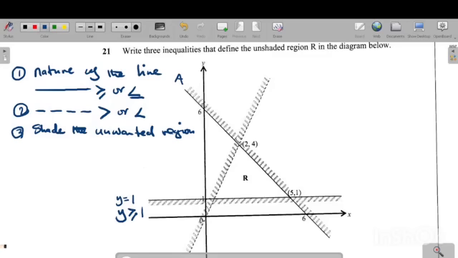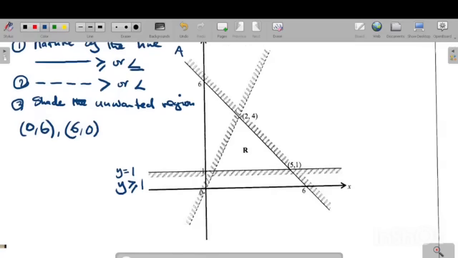So we're going to collect the points here and here, where they are crossing the x and y axis. Here the point is (0, 6), and then we also have this point where this line is crossing, which is (6, 0).